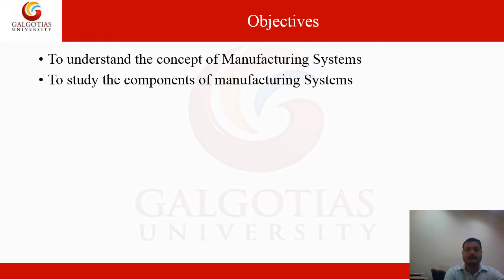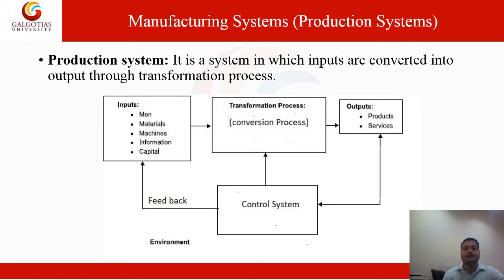By considering the prerequisites mentioned in the previous slide, the objective of today's lecture is to understand the concept of manufacturing system or production system and to study the various components of a manufacturing system. As you can see in the slide, we can diagrammatically represent a manufacturing system like this. It consists of many components.